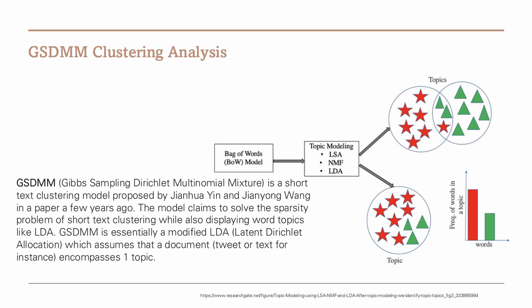So first, I dug into what's called GSDMM clustering analysis. GSDMM stands for Gibbs Sampling Dirichlet Multinomial Mixture. It's one of the more complicated clustering tools, which mainly makes clustering depending on the similar features in each sentence.